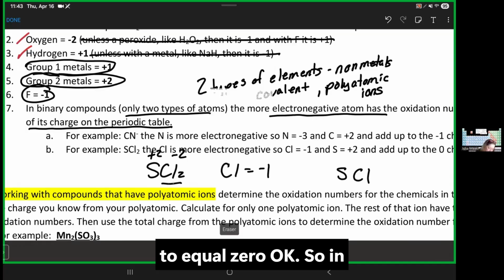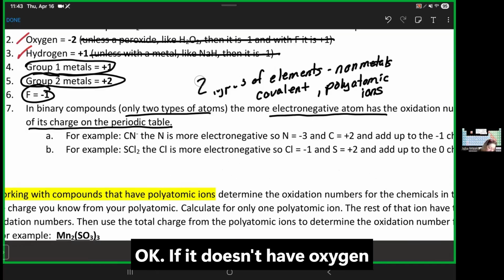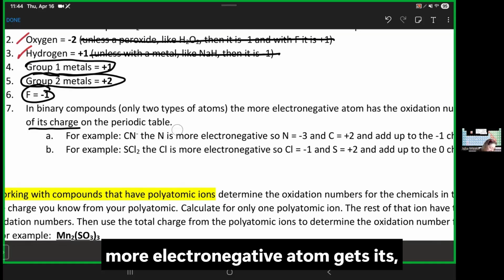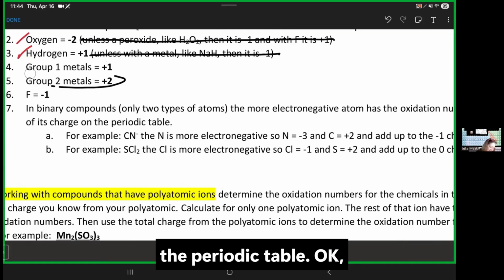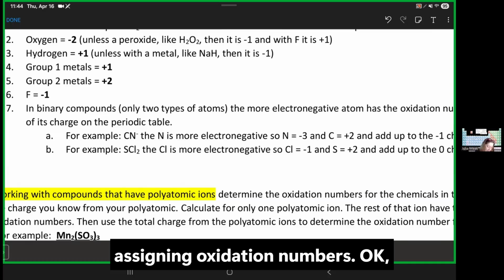So in binary compounds, two types of atoms, if it doesn't have oxygen or hydrogen in it, then the more electronegative atom's oxidation number is its charge on the periodic table. Those are our rules for assigning oxidation numbers.